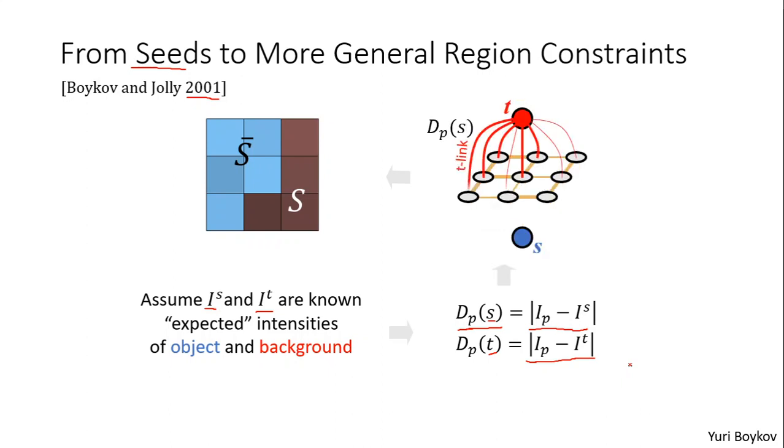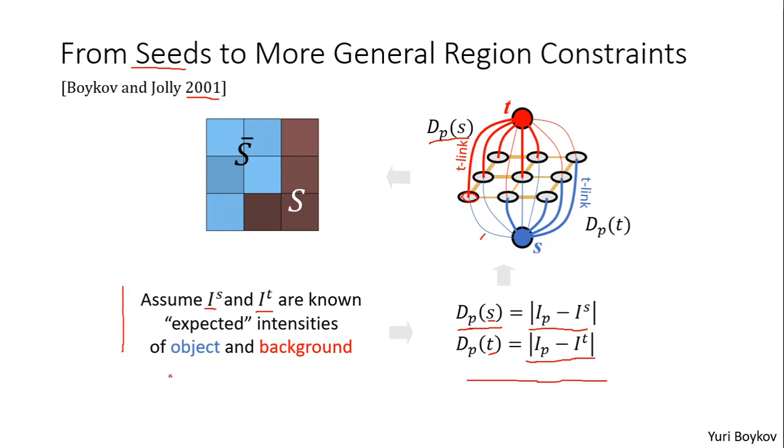So these are the T-links that we construct. For each pixel, we'll have a T-link DPS and a DPT for the same pixel. So now you know how to compute those things if you know these two things.